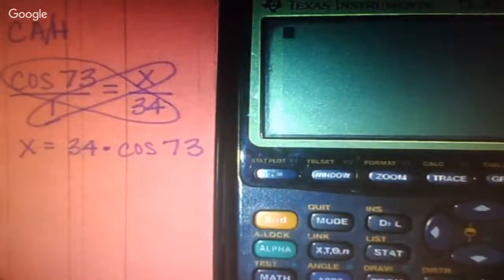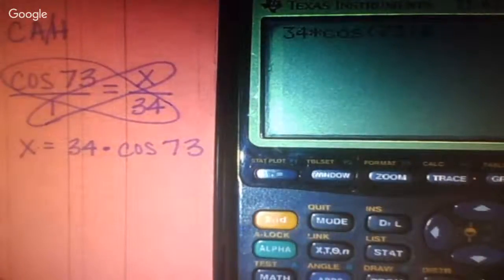Okay. So X is by itself. So now it's just to put it in the calculator and get yourself an answer. 34 times your cosine button, COS, 73.